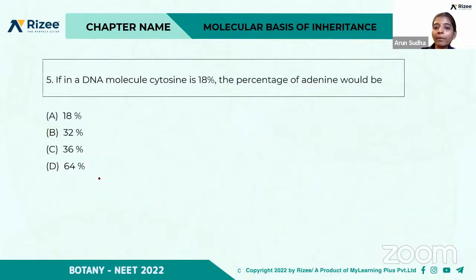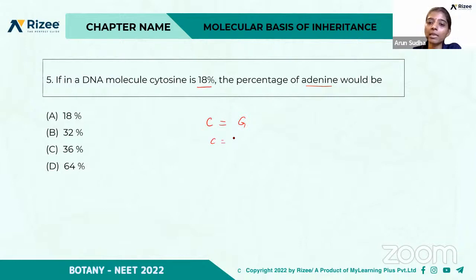If in a DNA molecule, cytosine is 18%, what is the percentage of adenine? What will be the answer for this question? Can you calculate? As per the Chargaff rule, cytosine will be equal to guanine because base pairing occurs between cytosine and guanine.